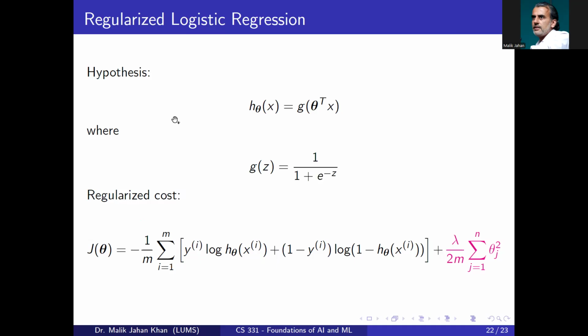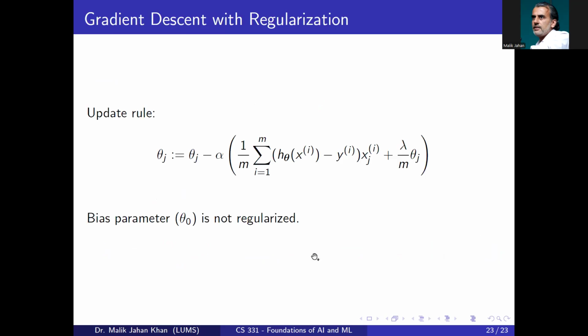We know that in logistic regression our hypothesis is that we pass theta transpose x through the sigmoid, represented as function g, and our regularized cost would be that in our cross entropy formula, we add this pink term of L2 regularization. That's how our J(theta) will be updated. And as we update our cross entropy function, that will have an impact on its derivative, so the gradient will also get updated.